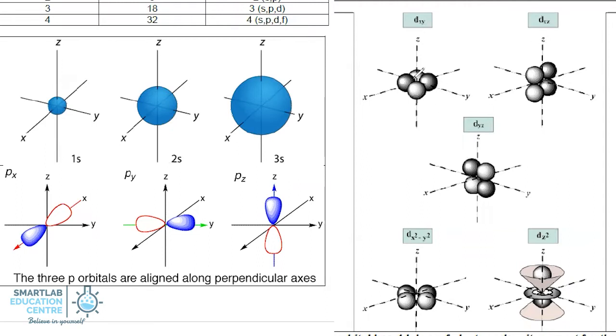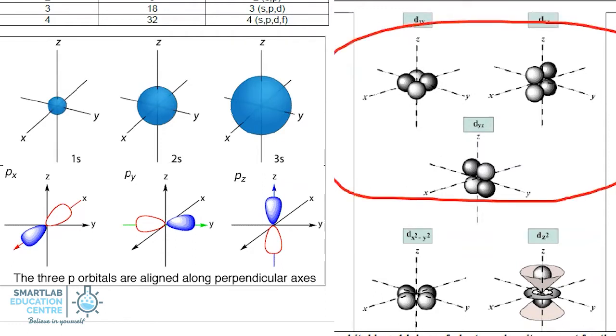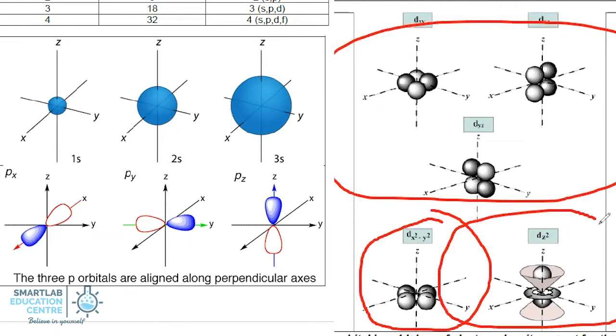Each of them is organized in a different way. You can see the top 3 being more similar because they are organized in 4 regions, but along either the xy plane, or the yz, or otherwise the xz. Finally, for the case of dx squared minus y squared, you need to take note that the 4 electron regions lie along the axes, all right? And dz squared itself is concentrated more along the z-axis.